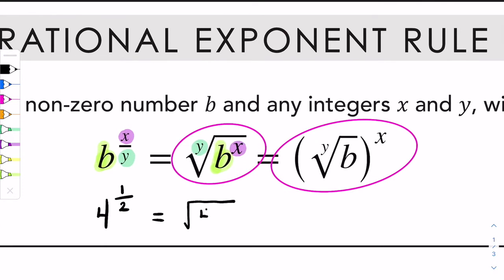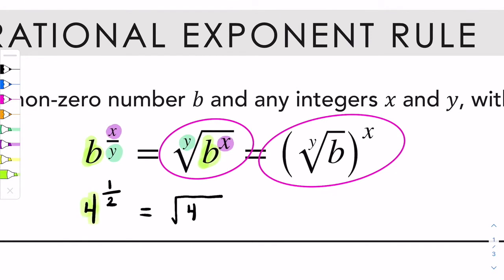So 4 is the base. The numerator of my exponent is going to be the exponent underneath this square root symbol, and the denominator of the exponent is going to be my index. So I can rewrite 4 to the power of 1/2 as the square root of 4.